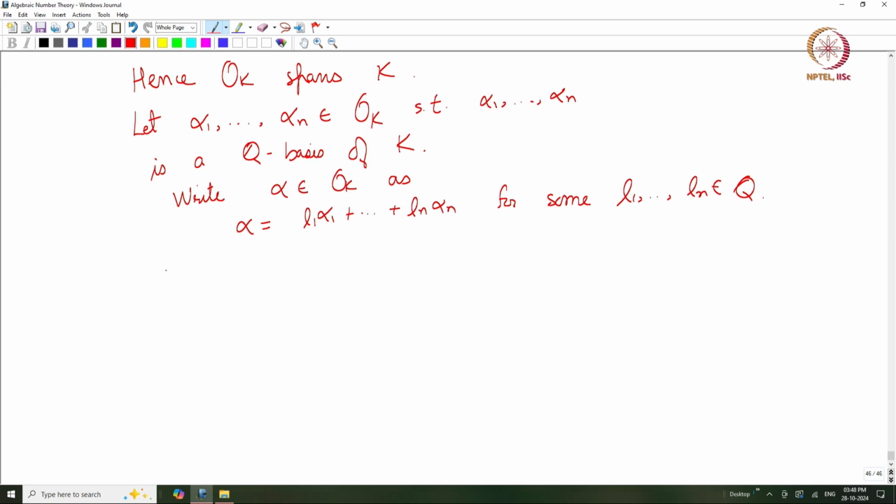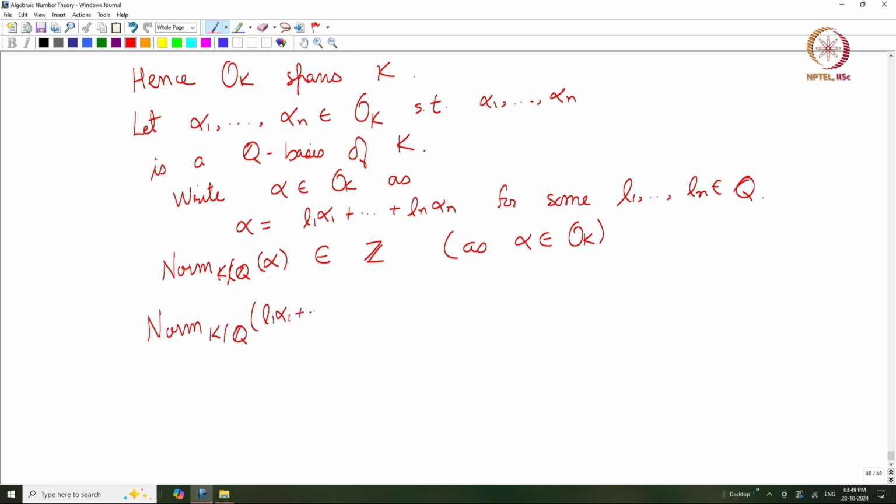Nevertheless, when I take the norm from K to Q of alpha, I know that this is an integer because alpha is in OK. This is one of the properties we saw of norm, that the norm of an algebraic integer is an integer. So, the norm of alpha, another way of writing this is the norm of L1 alpha 1 and so on up to Ln alpha n.